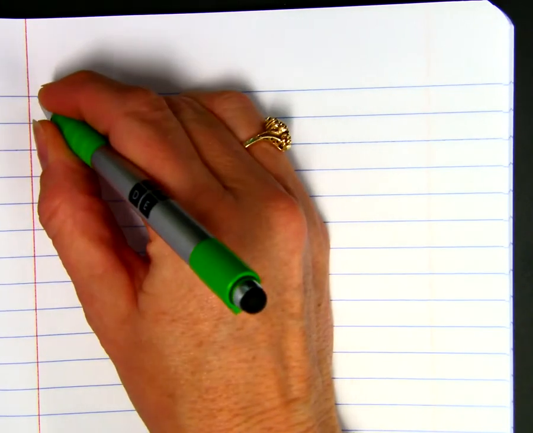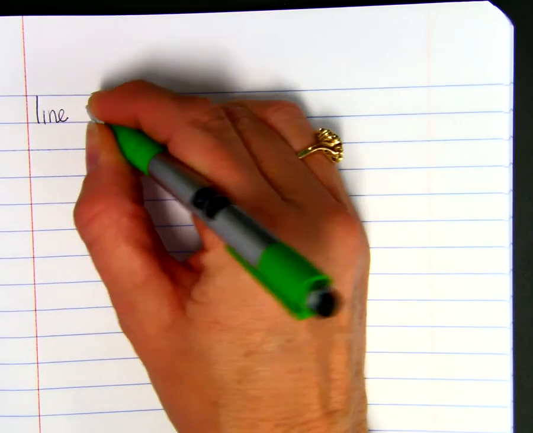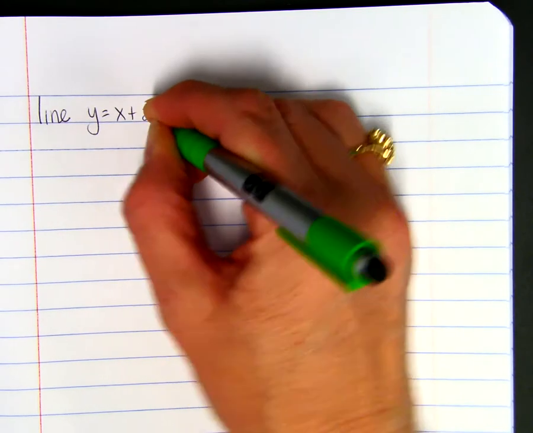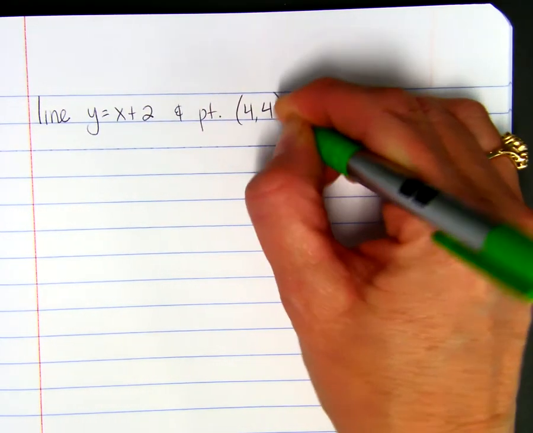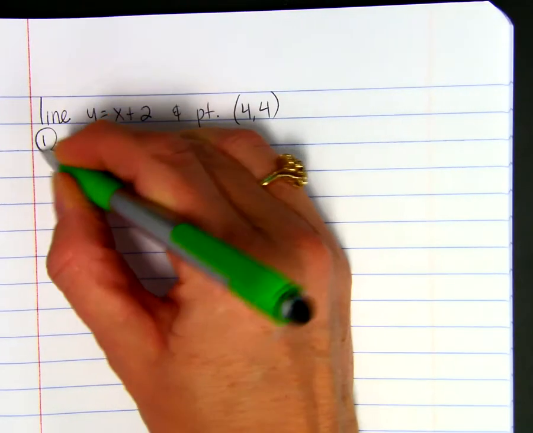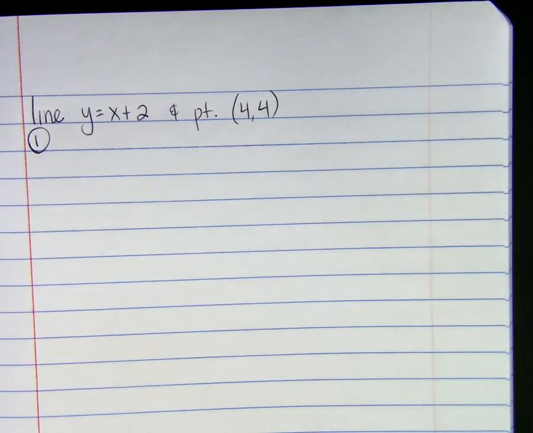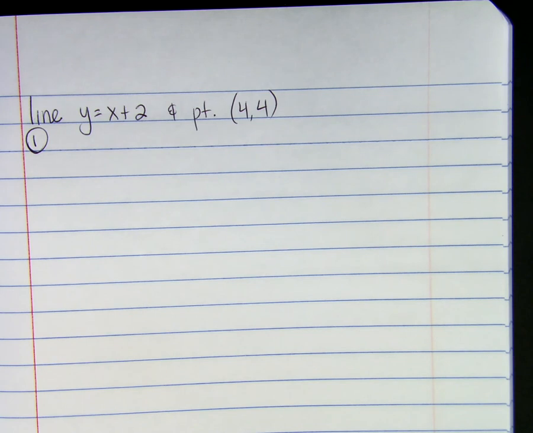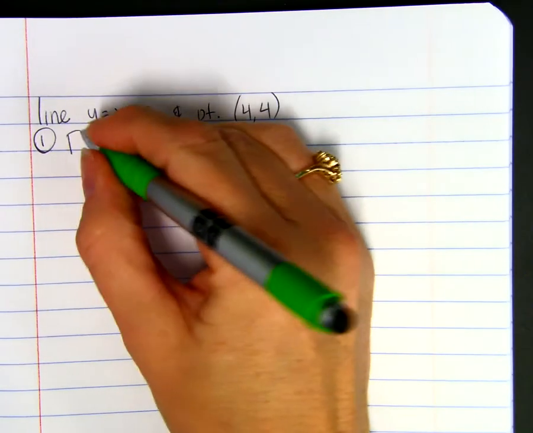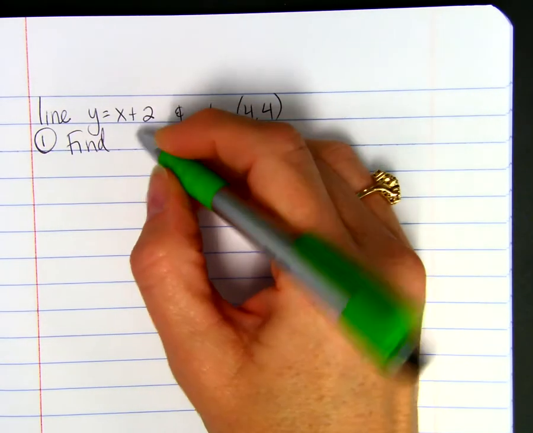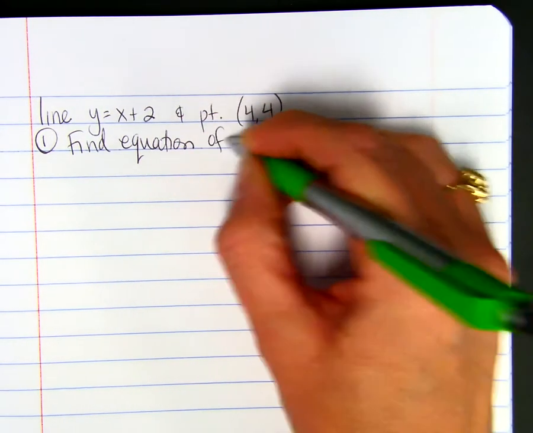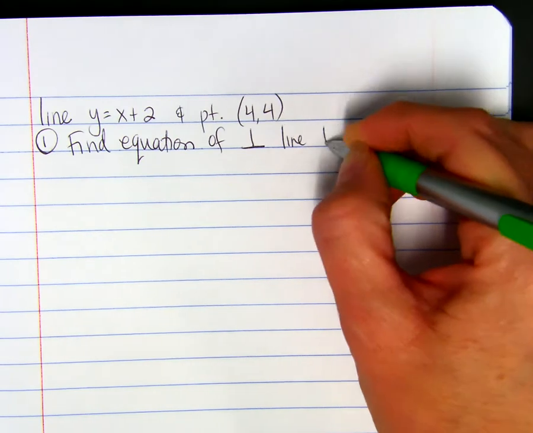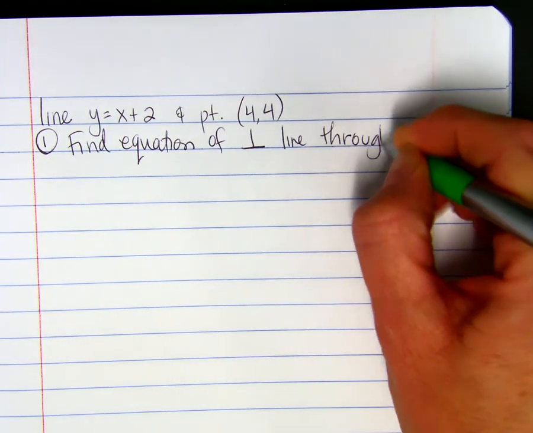Okay, so this is an example. Line y equals x plus 2 and the point (4, 4). So step 1, you need to find the equation of the perpendicular line through the point. I'm shortening that to find equation of perpendicular line through point.